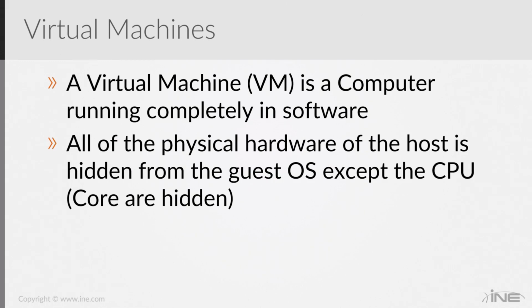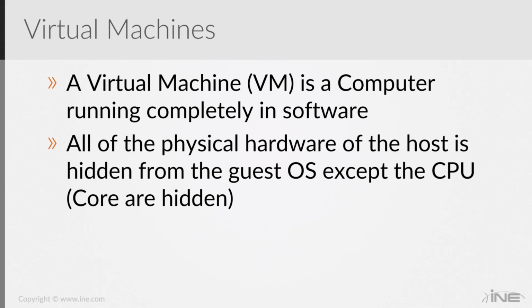Again, we can hide the number of cores. So if you have a quad-core CPU physically in the host, but you only give that virtual machine one CPU, then it'll see just one CPU. It doesn't see all 4 cores and just can't use the other 3 or something.